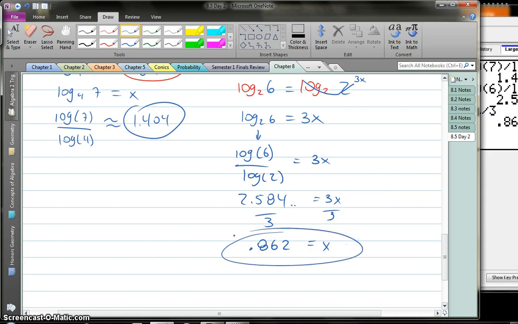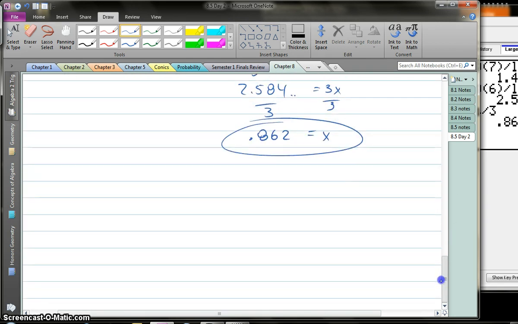Alright, so not so bad. So now we know how to solve for exponents, but there's a few other things that can happen. So let's try a few more. Let's go 7 equals 3 to the x plus 2. So first we need to get this term all by itself. So I'm going to subtract 2 from each side. So 5 equals 3 to the x. Now again, pay attention to what you want to eliminate.